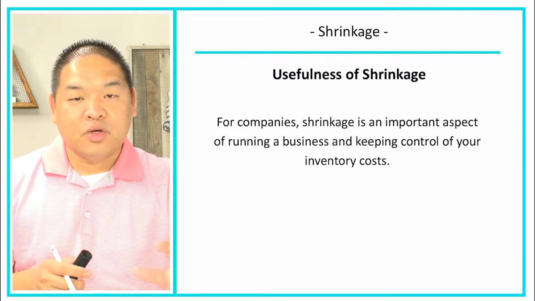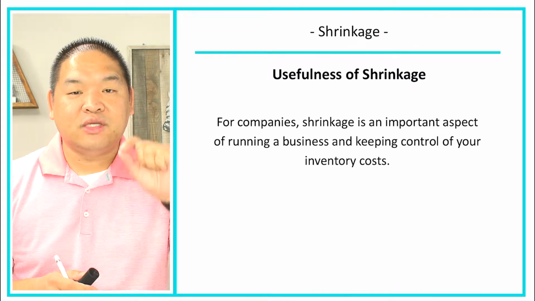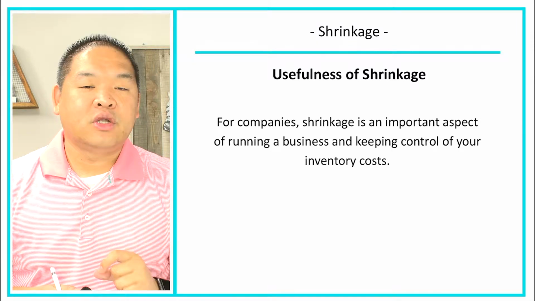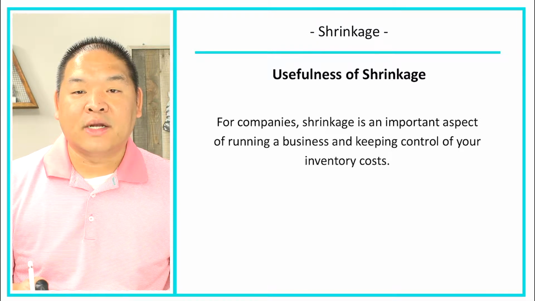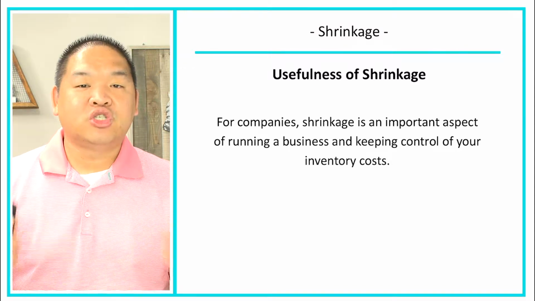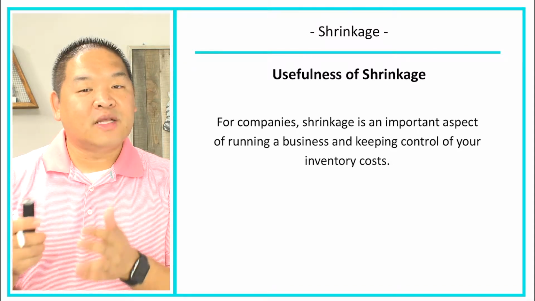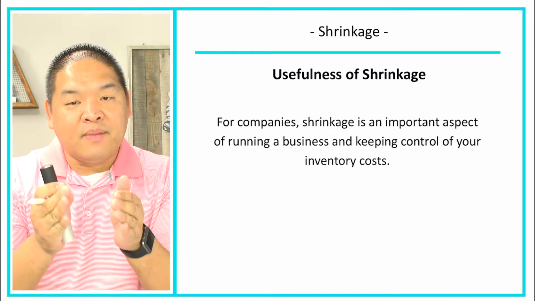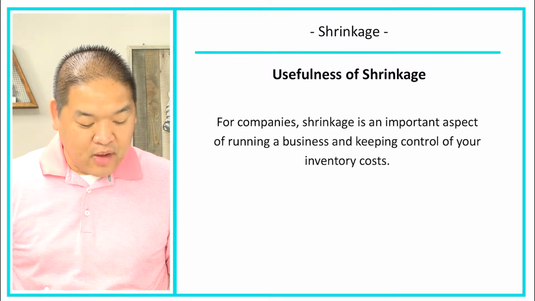So it's super important because we don't want this shrinkage to be too high. But we also know that shrinkage does happen in an organization. Someone drops something, someone steals something. It's just bound to happen. Our job as managers is to control that amount so it doesn't get too big.